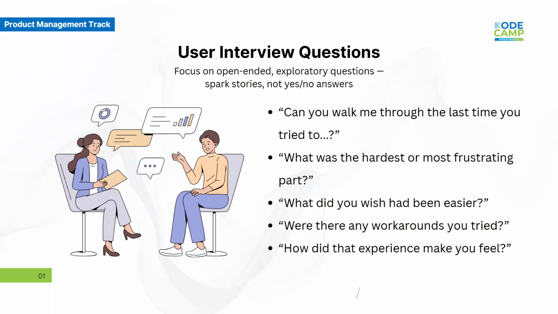This helps the user tell a story in their own words. It doesn't just give you one word. Maybe you say, what happened? They say, it wasn't opening. "It wasn't opening" does not give you a good insight as to what's wrong with your product. So you allow them to use their own words. Just ask what happened and leave them to talk, right? You get to hear what they think.